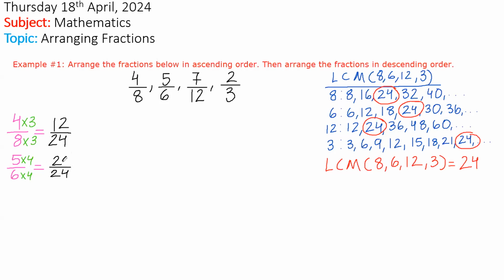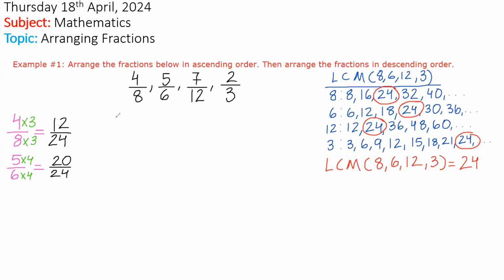So the equivalent fraction for 5 over 6 is 20 over 24. So we have 12 over 24, 20 over 24. What else do we have? Let's do the other one.